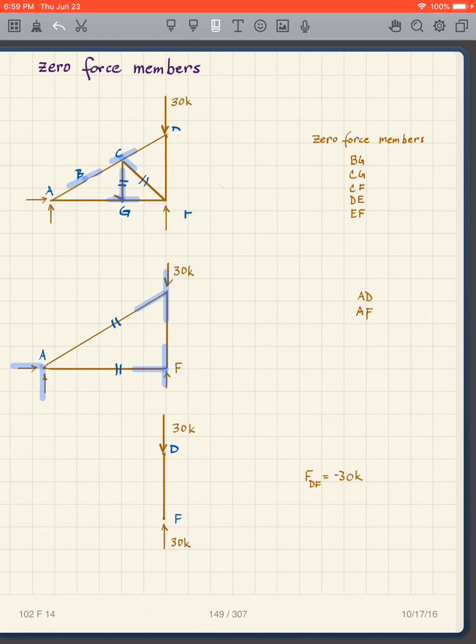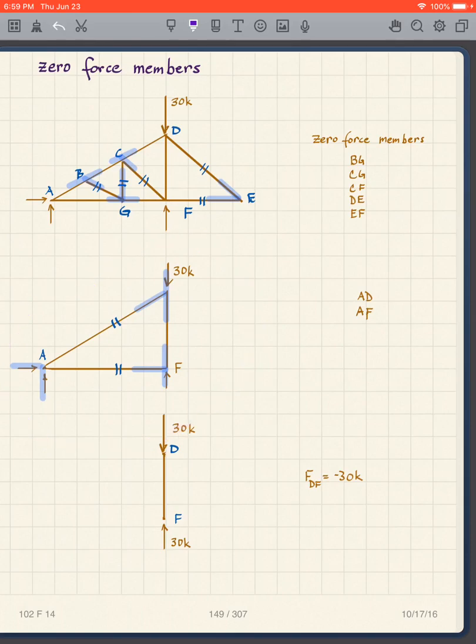Well, when I remove the one I just did, now I have a T there, and this now is zero, so I remove that. Then I have a T here, so this becomes zero, I remove that.